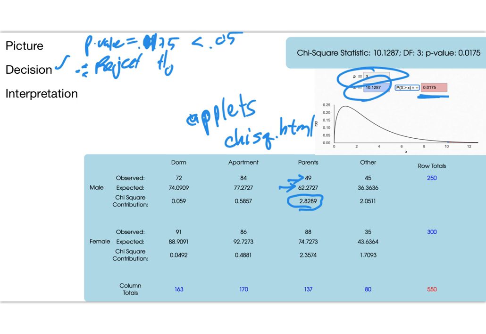There is significant evidence to show that the living arrangements of males and females are different, because this should have only happened 1.7% of the time if they were the same. Since that's very unusual, it tells us they're probably not the same.